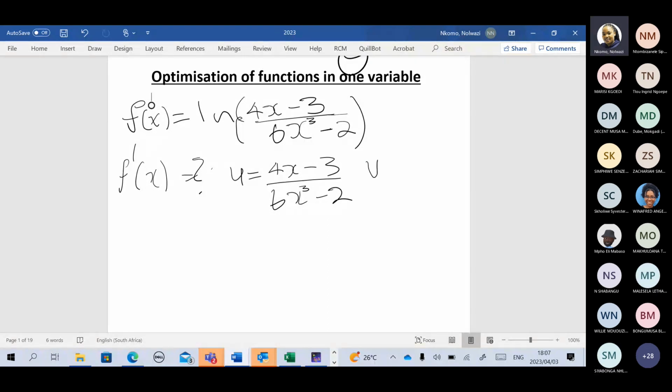Which section are we doing today? Optimization of functions. Which one is that on the study guide? Please open your study guide. I'm not going to teach you how to like. Is it chapter 6? I don't even know which chapter is that. But optimization, it's under differentiation. What chapter is that one?